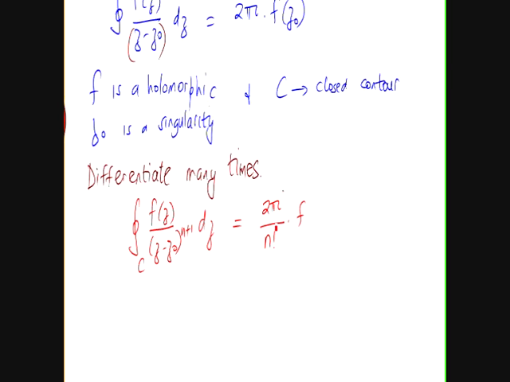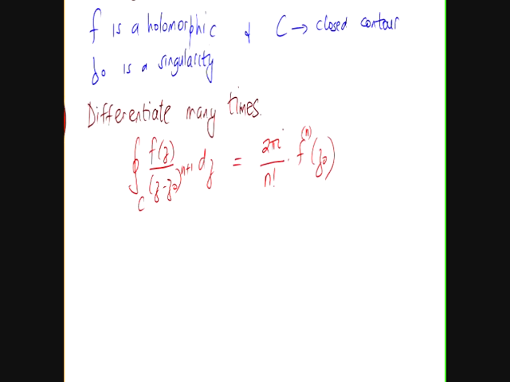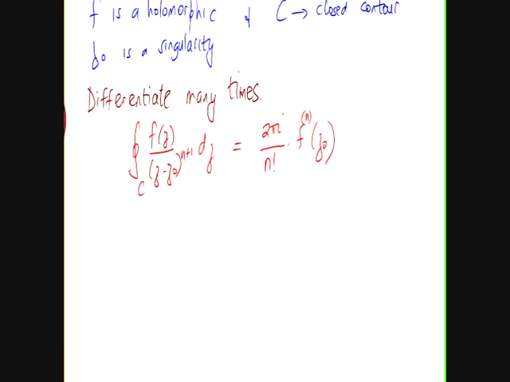Now we took the derivative many times, so you have to take the derivative here n times, if this is an n plus 1 in the denominator, at the point z naught. So this gives us a method to find the integral at any of these points, it doesn't matter what the multiplicity of the denominator is.